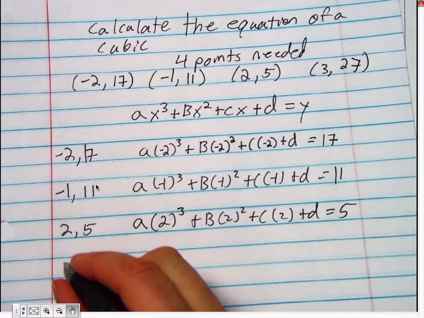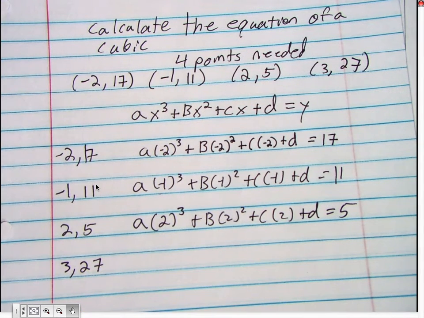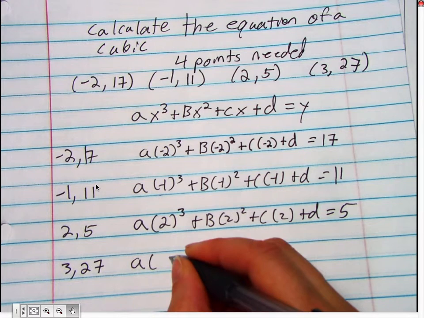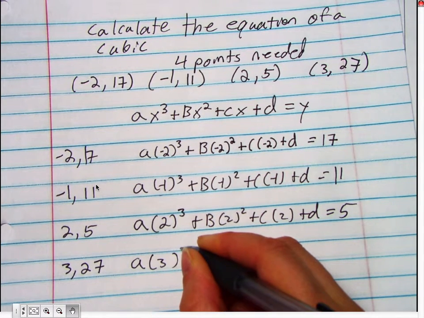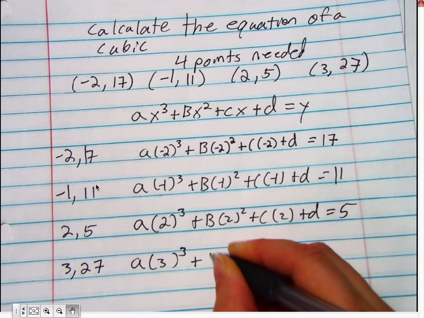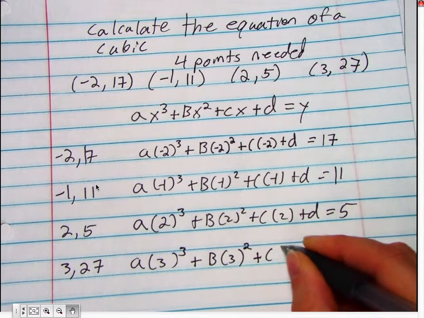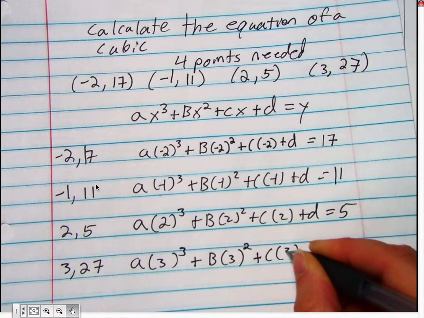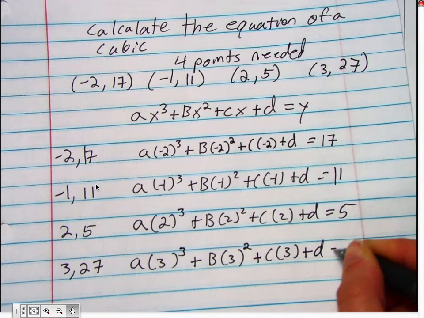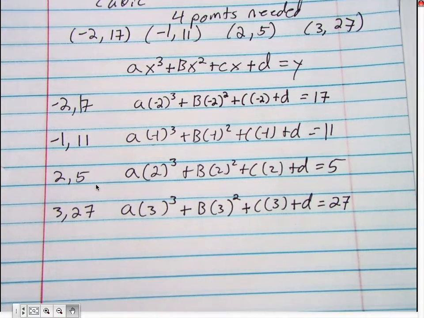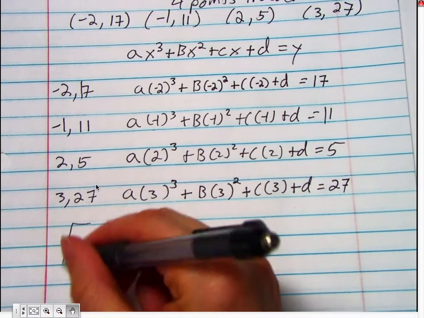Last one. Anybody want to try it? Anybody besides Abby and Maya? Abigail. Okay, go, Shane. A times 3 cubed plus B times 3 squared plus C times 3 plus D equals 27.